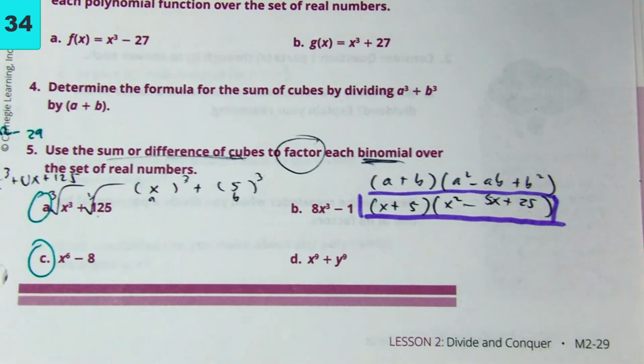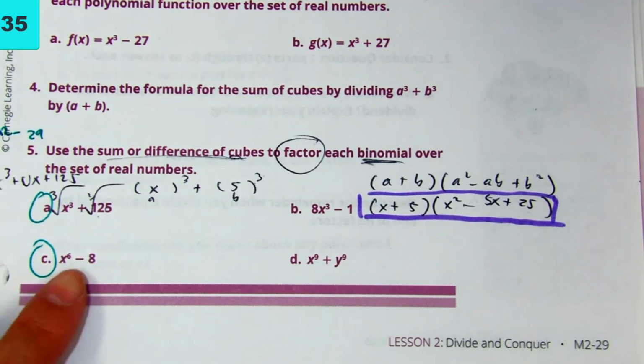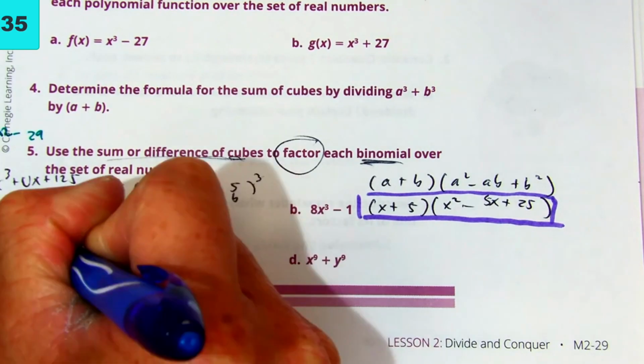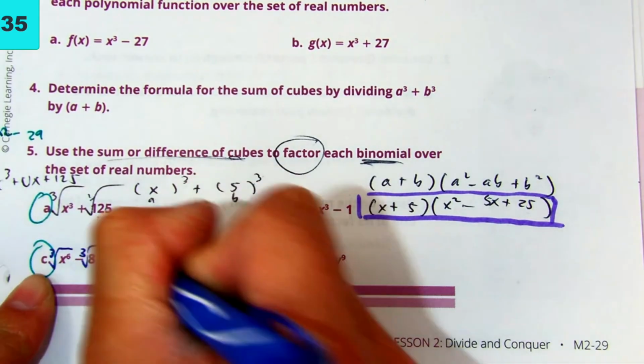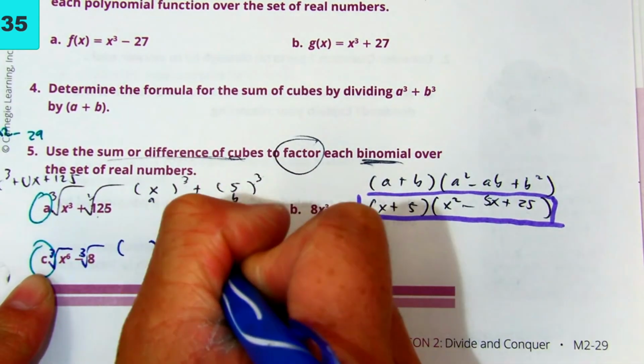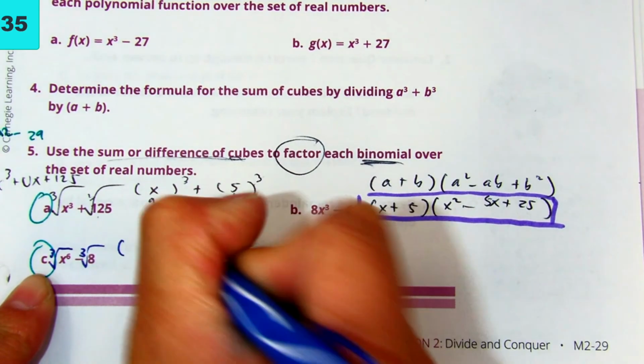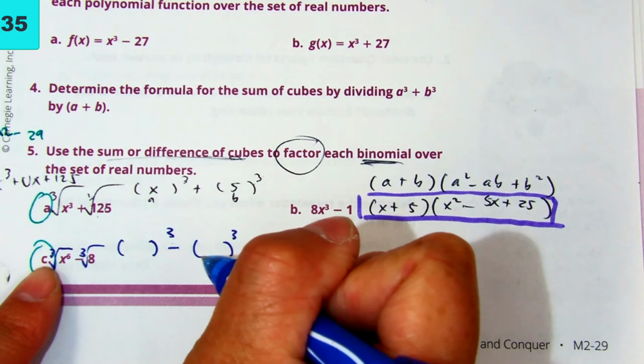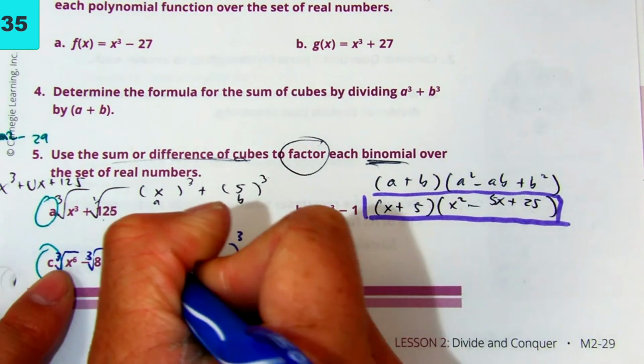Let's do the same thing for letter C. I'm going to see if I can find the cube root. Class, what number would go in here? X squared is correct.